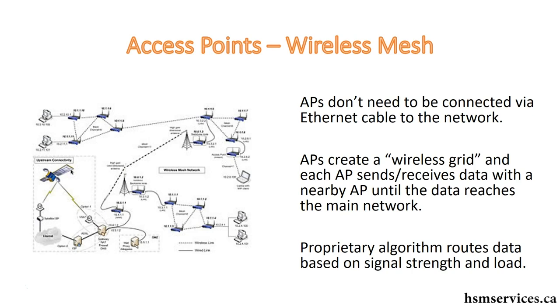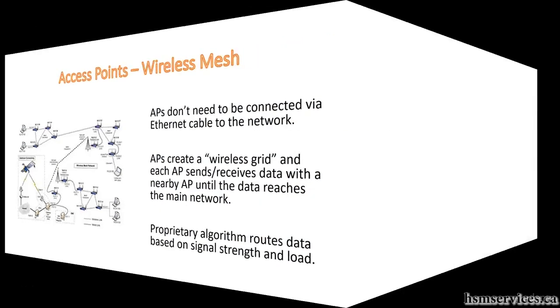And so your traffic can bounce from one AP to the next until it gets to where it needs to go. And the APs usually have a proprietary algorithm that routes the data based on signal strength and how much load each AP has at the moment.